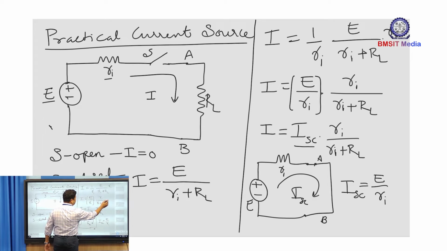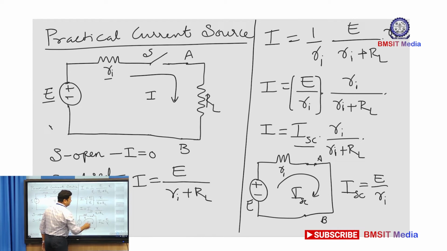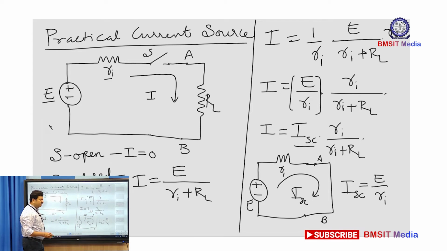Now, what happens with this? If you observe this expression of current I, this reminds us of the current divider equation, where there are two resistors connected in parallel, one is Ri, the other is RL, and this ISC forms the main current entering the parallel branches.